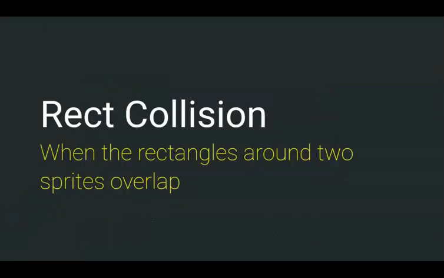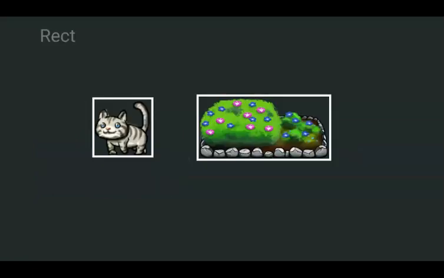And so like we stated earlier, a rect collision is when the rectangles around two sprites overlap. This is the rectangle around the kitty cat. This is the rectangle around, it looks like a flower garden. So right now, they are not overlapping. And remember, we don't actually see these lines.